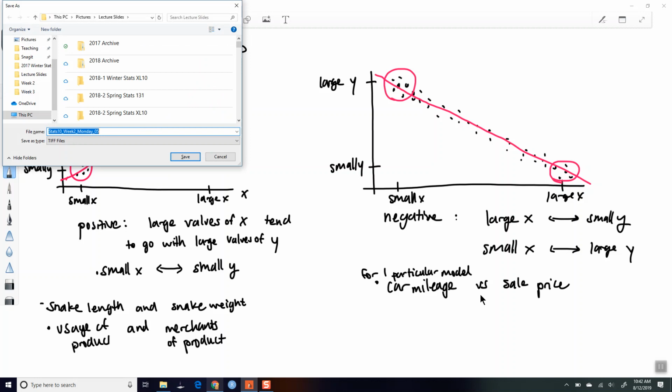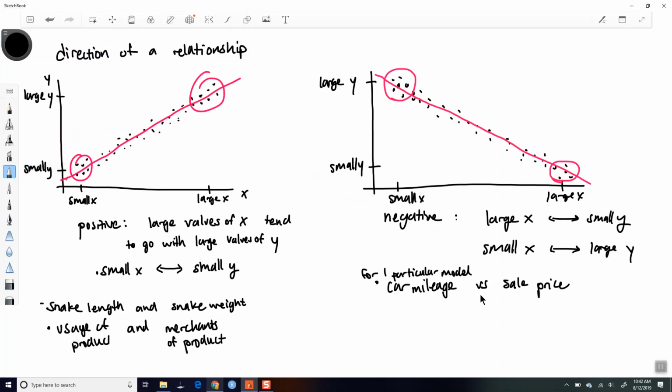Any other examples for negative relationships? Yeah. Newspaper sales over time. Okay, so as time has progressed, sales of papers have gone down. Or maybe even just newspaper usage versus digital readership.